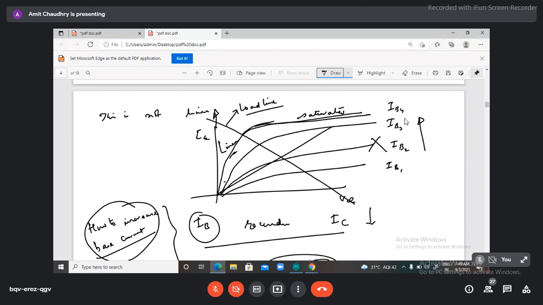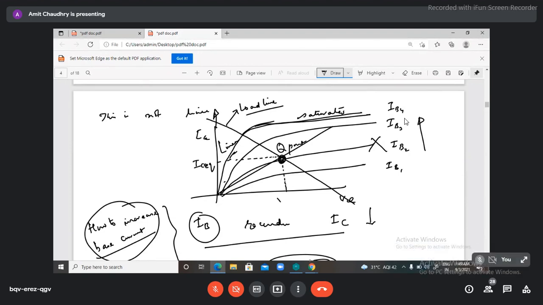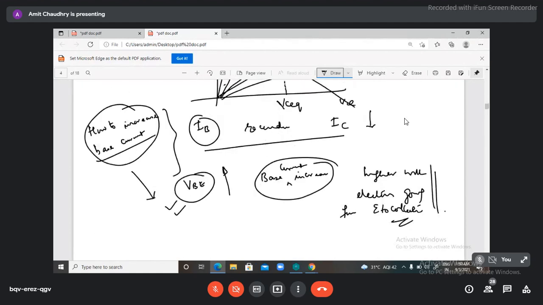And the point where it starts intersecting any characteristics in the middle, that's called a Q point. Now, what is this load line all about?